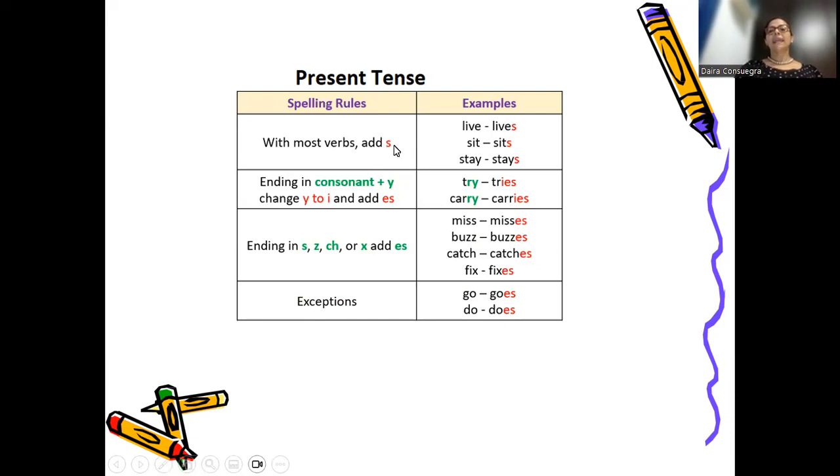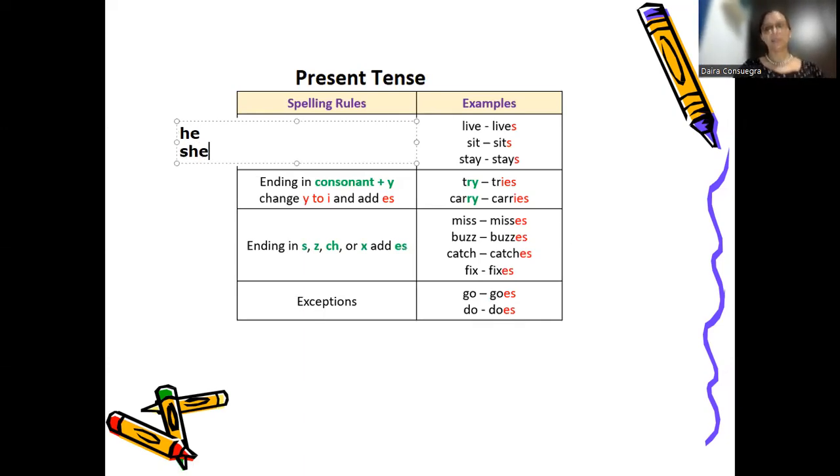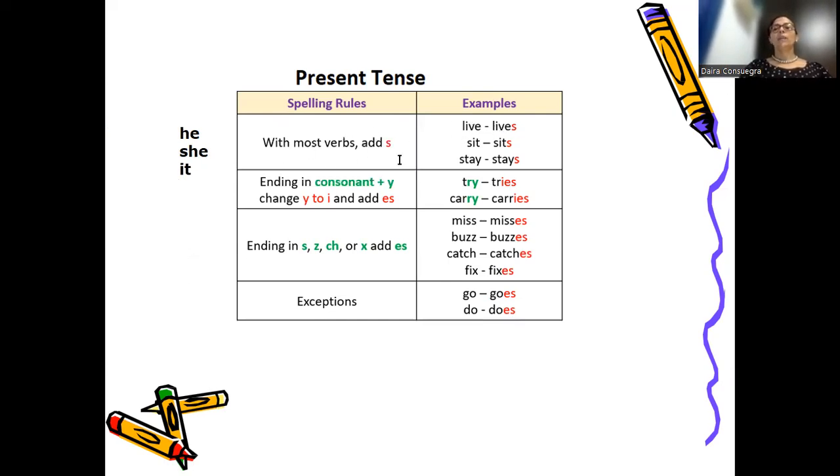Verbs add s when you talk about these pronouns. What are the pronouns that I'm mentioning? He, she, or it. They will use these rules. When the verb ends in any letter, except all of these ones, you just add s.